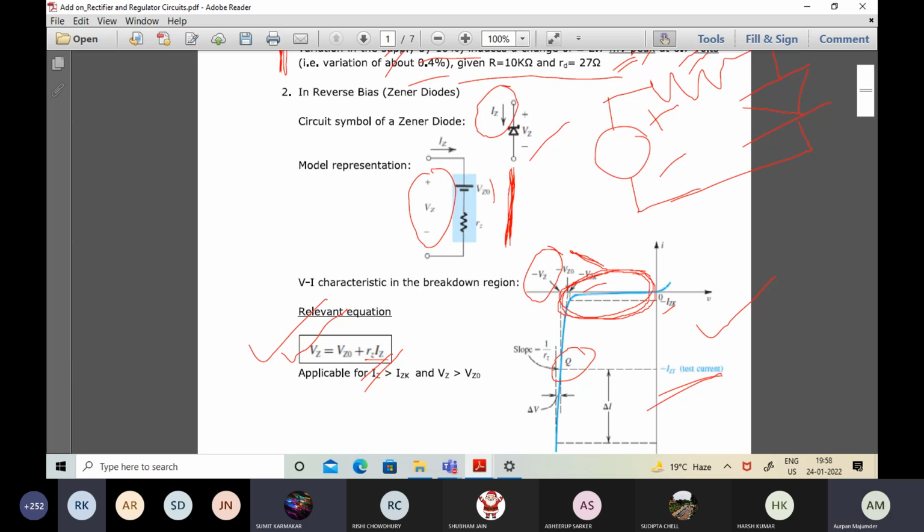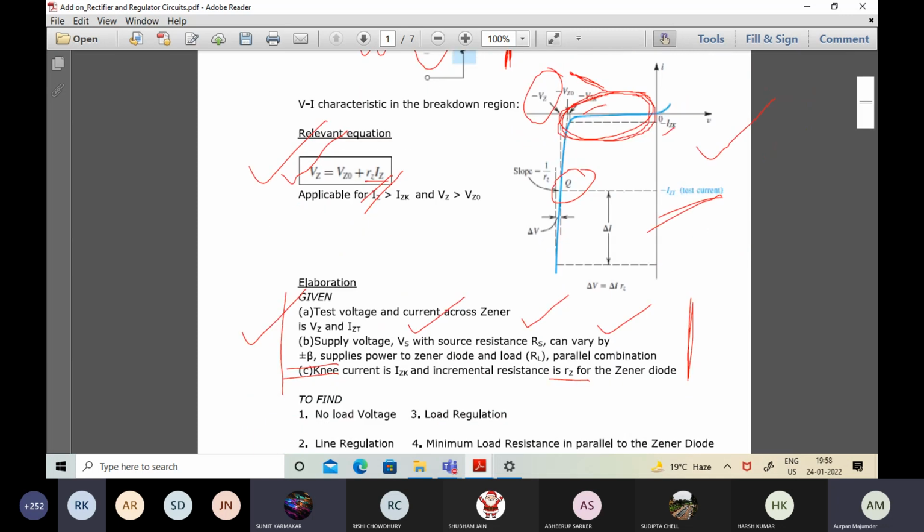Look at this representation of Vz, then the idea will be clear. Rs will come in series with Rz, and there are two potentials. One is Vs, the other one is Vz naught. So in effect, that is the true story.